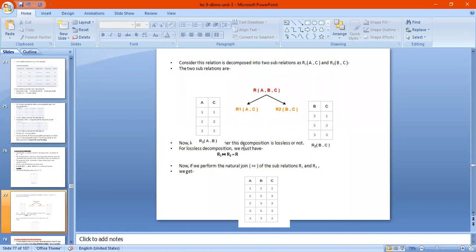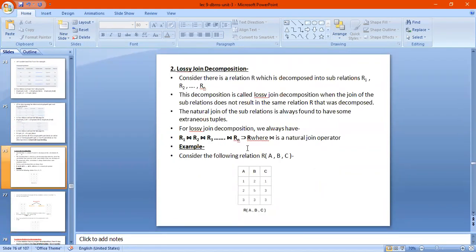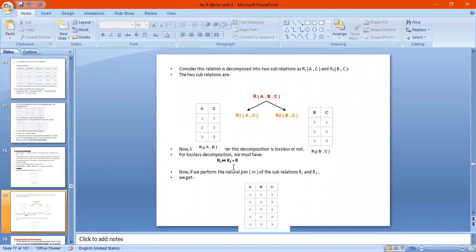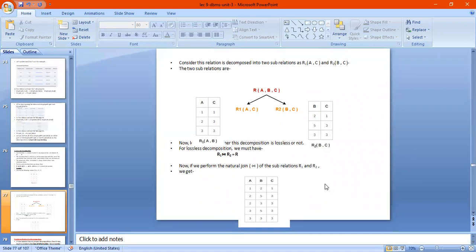Now, the decomposition is lossy. For lossy decomposition, the natural join of R1 and R2 is not equal to R. Now we have performed the natural join of the sub-relations R1 and R2. We get this.